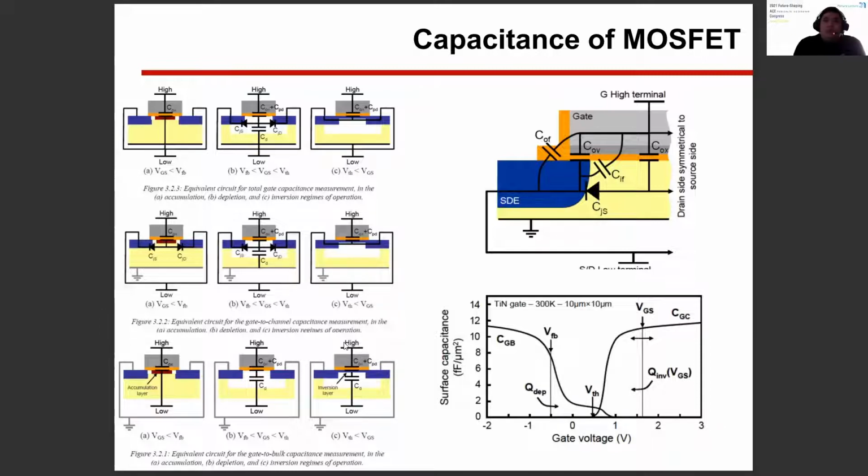However, if we put high voltage between gate and body, we can see a series capacitance of the body and the oxide. So the amount of capacitance is lowered at the higher voltage. This means if we measure capacitance from gate and body, we can see this graph.